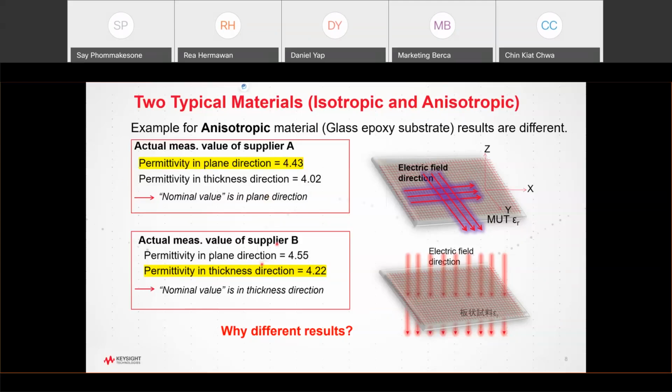And supplier B measured the same material in the plane direction and it came out to be 4.55, which is close to 4.3, which is reasonable. However, if you look at the thickness direction, it's a big difference, 4.22 versus 4.02. So why is it different? The answer we will give you at the end. So in the meantime, you want to think about it as I go through my presentation.